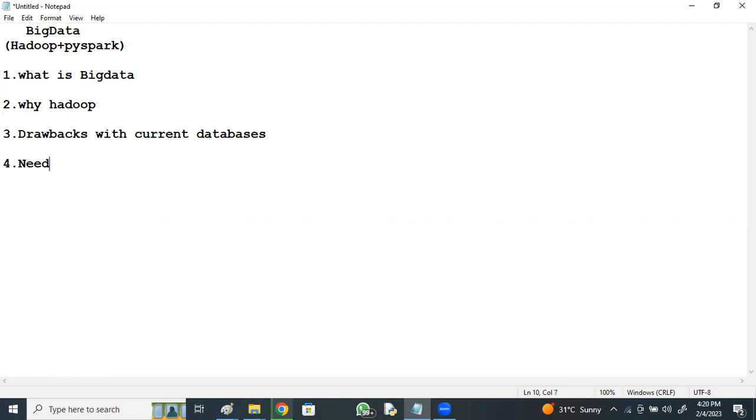Need for PySpark. Real-time use case. Hadoop and PySpark job market.